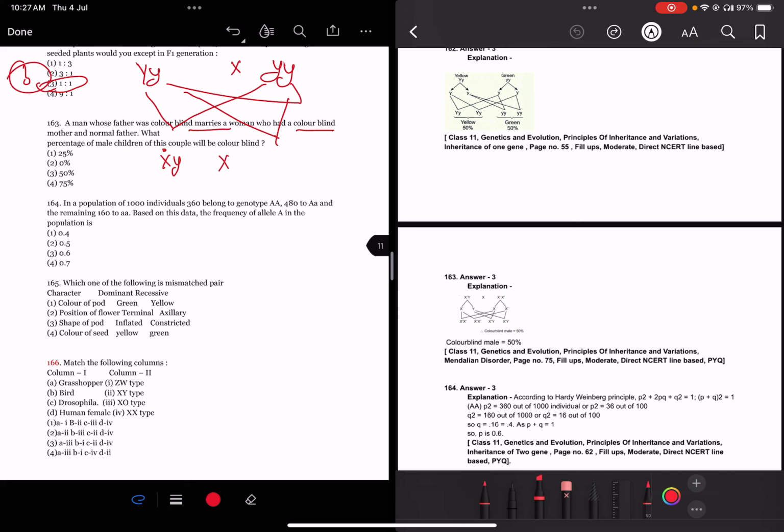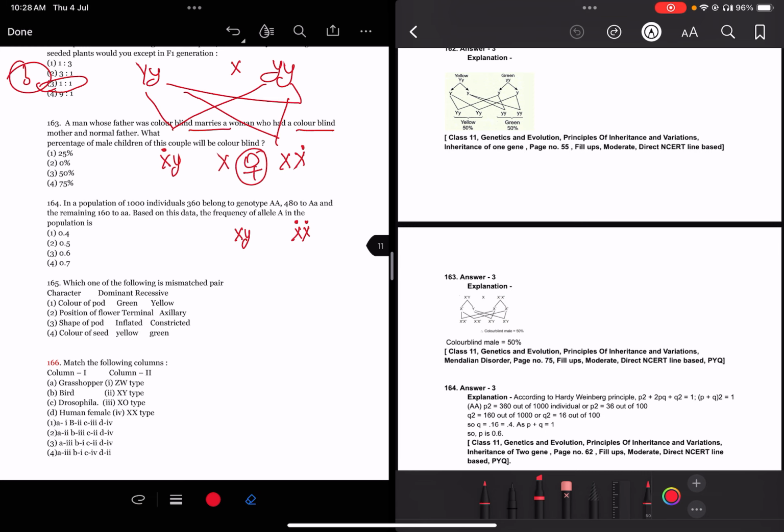He marries a woman who had a colorblind mother. So this one is the mother. First we find the genotype of the mother. She comes from a normal father, and her mother is colorblind. A colorblind mother is possible only when both X are recessive. So the woman is a carrier.